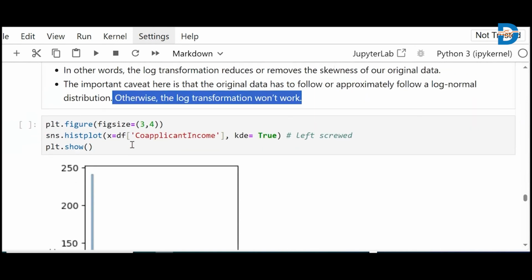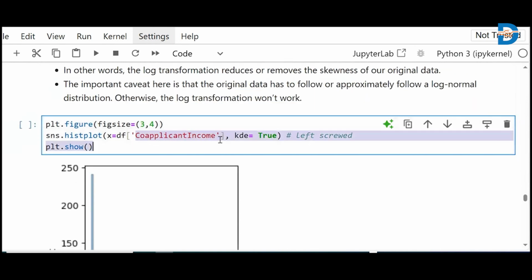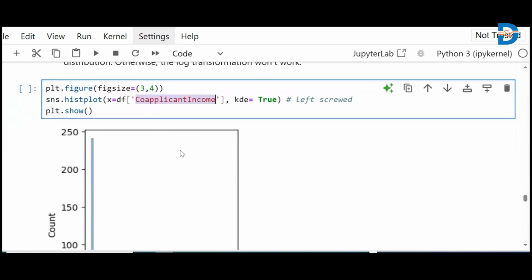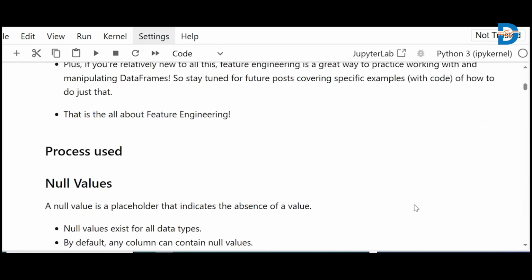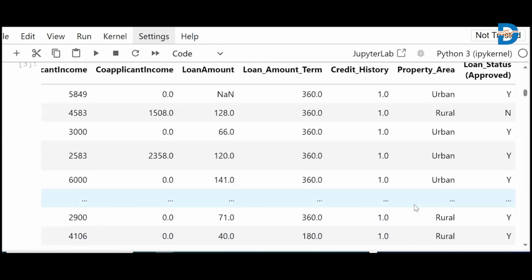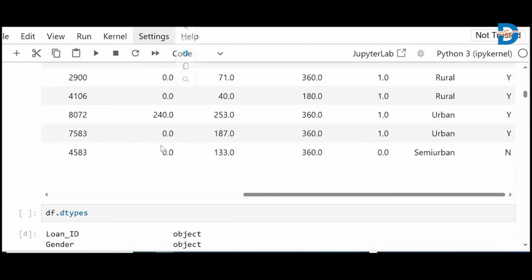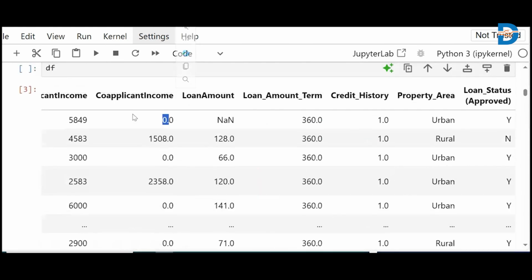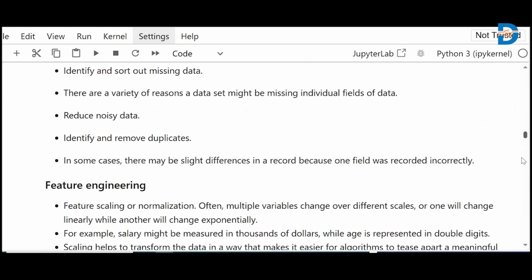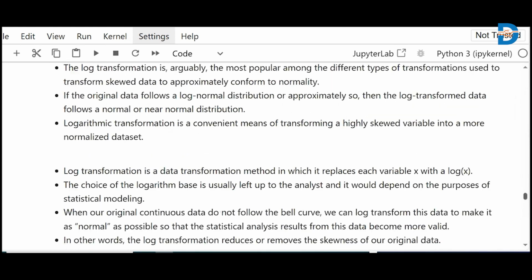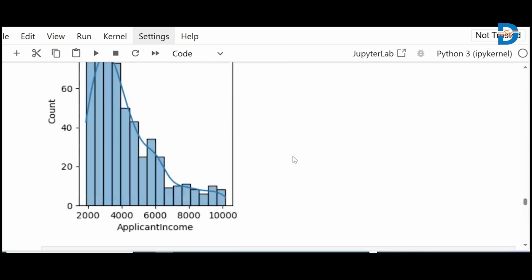So, in the loan data set, I have taken one column called co-applicant income. Here you can see this is the co-applicant income starting from 0, 1,508, 2,000. There is a wide range of values in this co-applicant income. On this particular column, let's try applying log transformation.